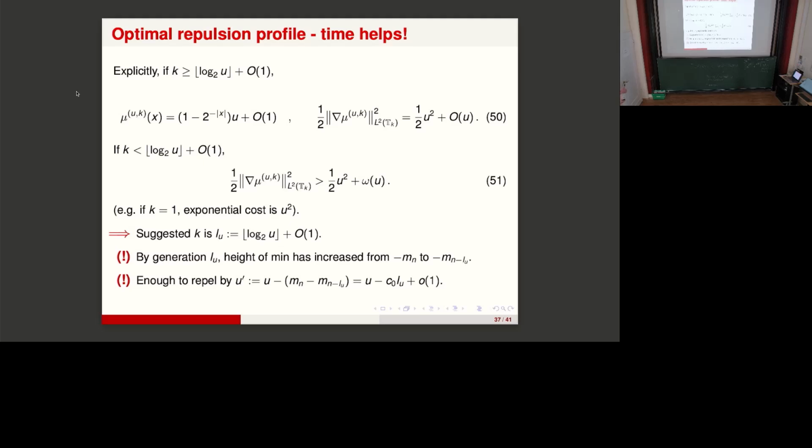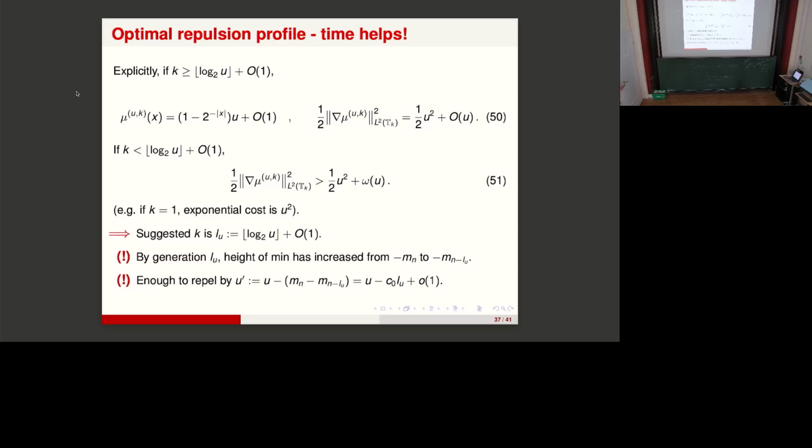And so the minimum is automatically increased for you from minus m_n to minus m_n minus L_u. And this difference is actually a constant times L_u. So by the time you reach the level u, you've already automatically gained C_0 L_u, and because of that realization, you understand that you actually don't need to go all the way up to u, you can actually go to u prime, which is u minus C_0 L_u.